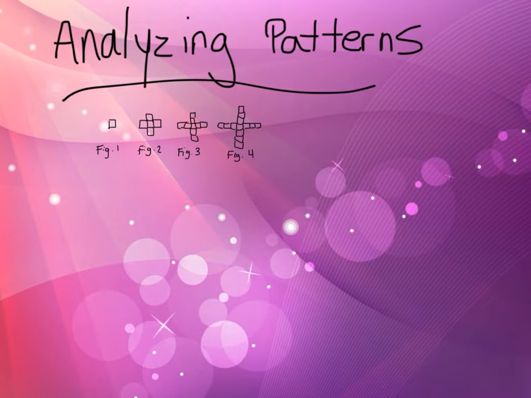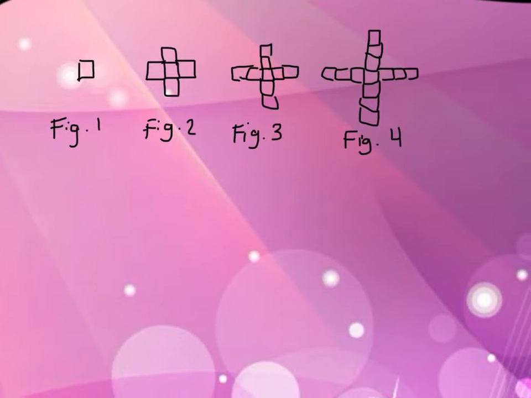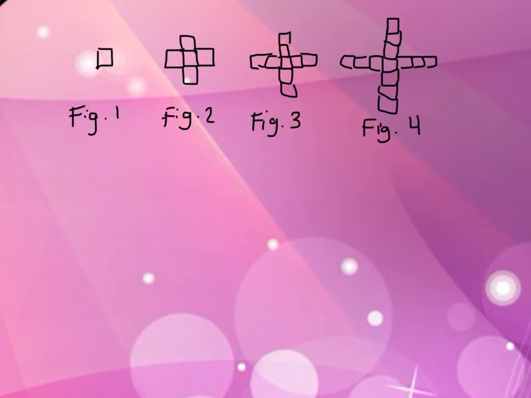In this video, I'm going to be going over how to analyze patterns and some skills that will help you in that area. So let's get started. I've got the first example here. And by the way, when we're analyzing patterns, the idea is figuring out a pattern that's formed from something and using that to be able to predict or figure out what's going to happen if the pattern continues way into the future.